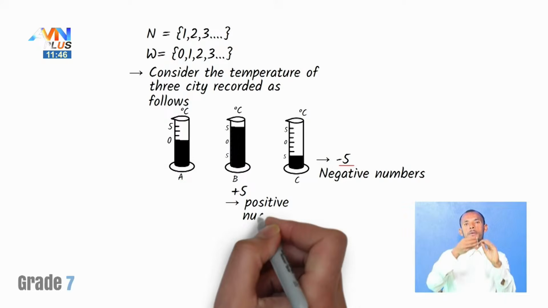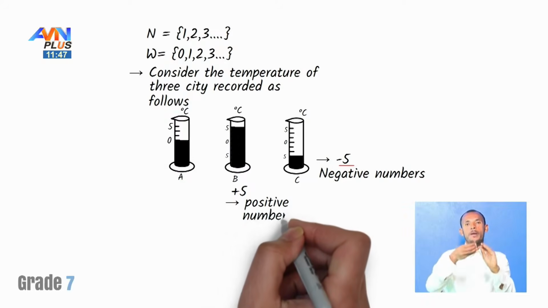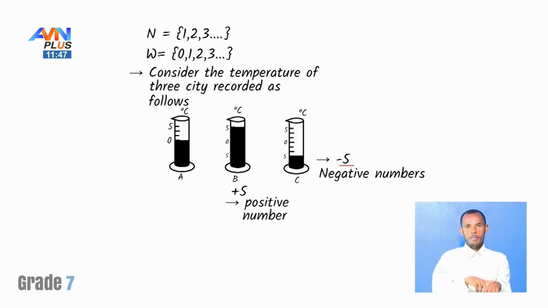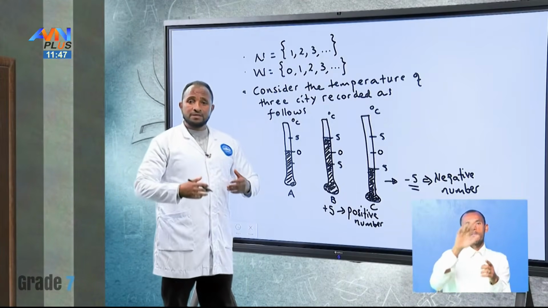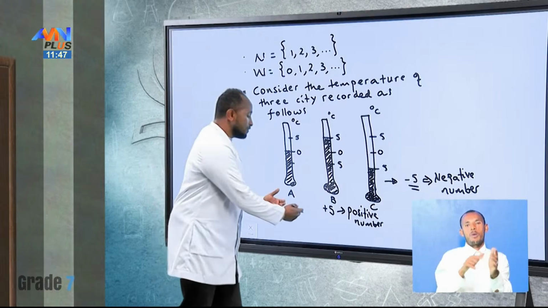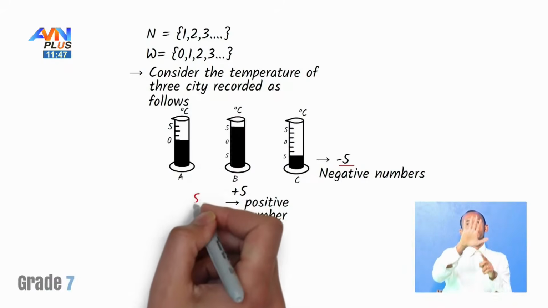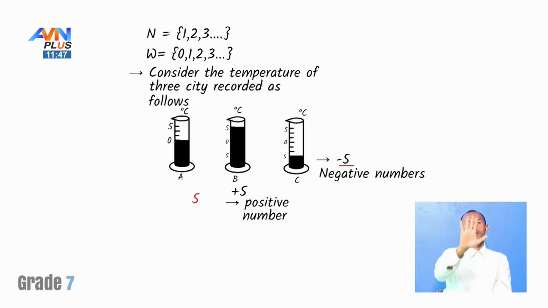Most of the time, positive 5 is written without the plus sign, simply as 5.